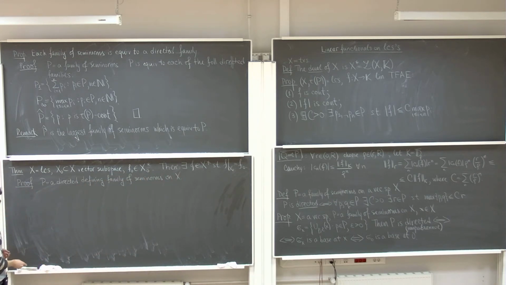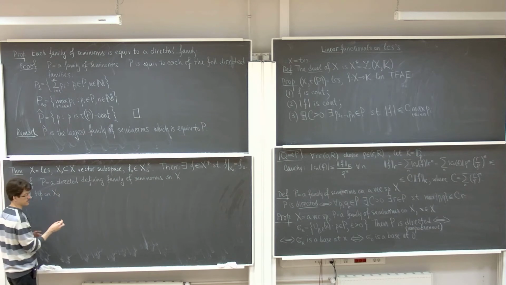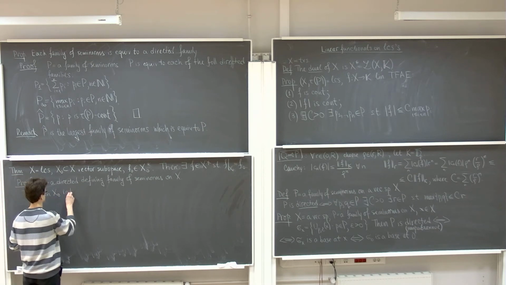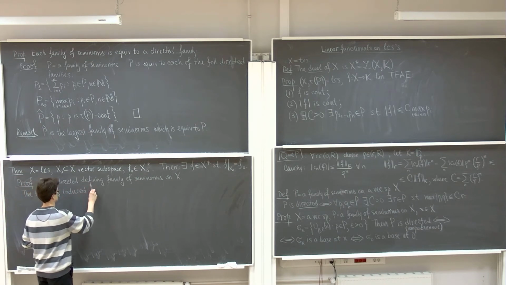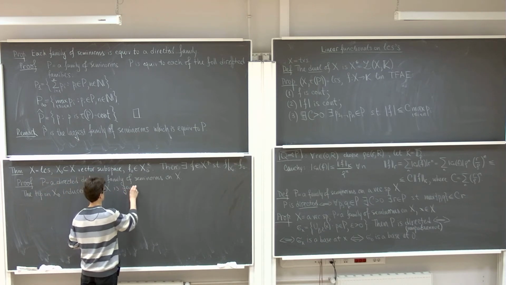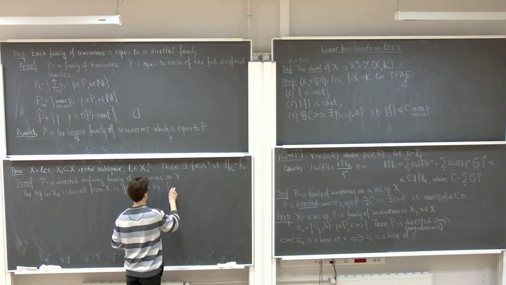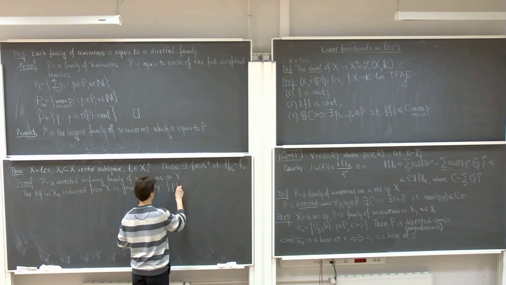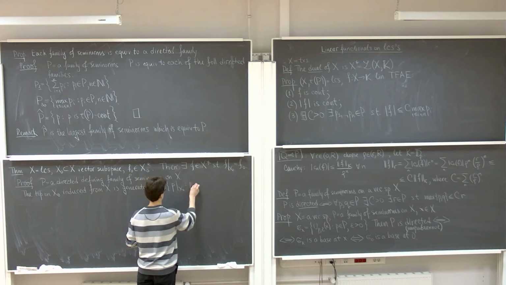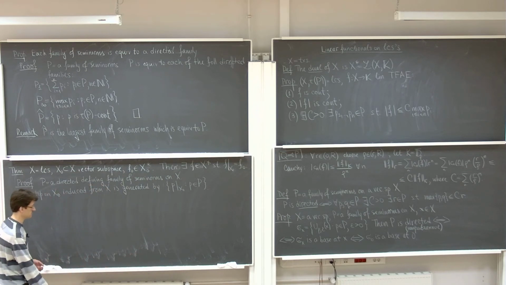And let's observe that the topology on X0 induced from X is generated by the restrictions of seminorms from P to X0. This is immediate from our definition of the topology generated by a family of seminorms.